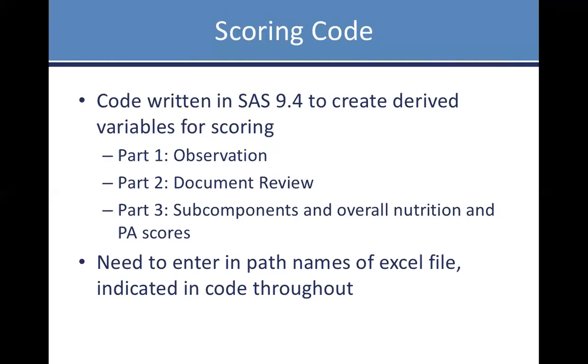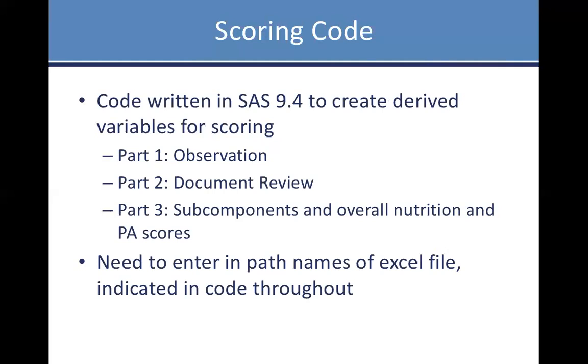Then we move on to the scoring code. So I wrote this in SAS 9.4, and it creates all of the derived variables used for scoring. It's broken into 3 parts. We have 1 part for the observation, 1 part for the document review, and then 1 part for all of those subcomponent scores, as well as that overall nutrition and PA score.